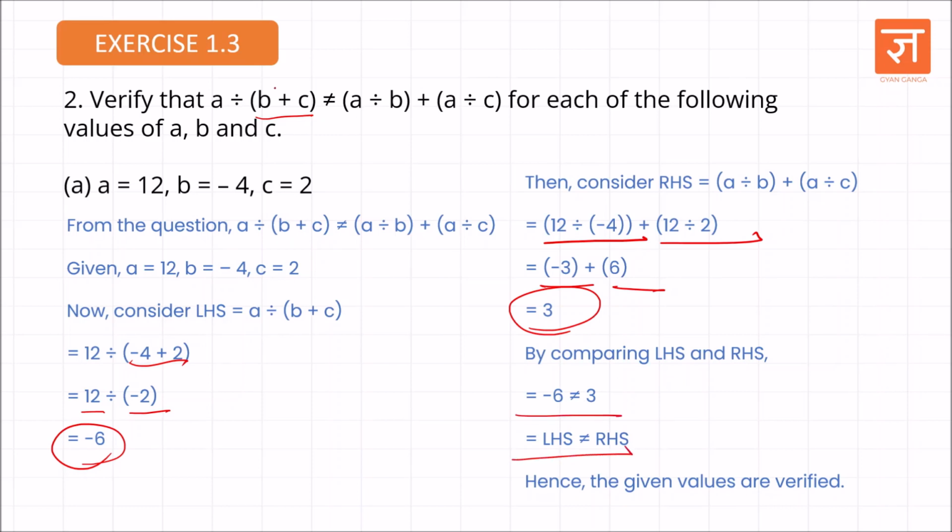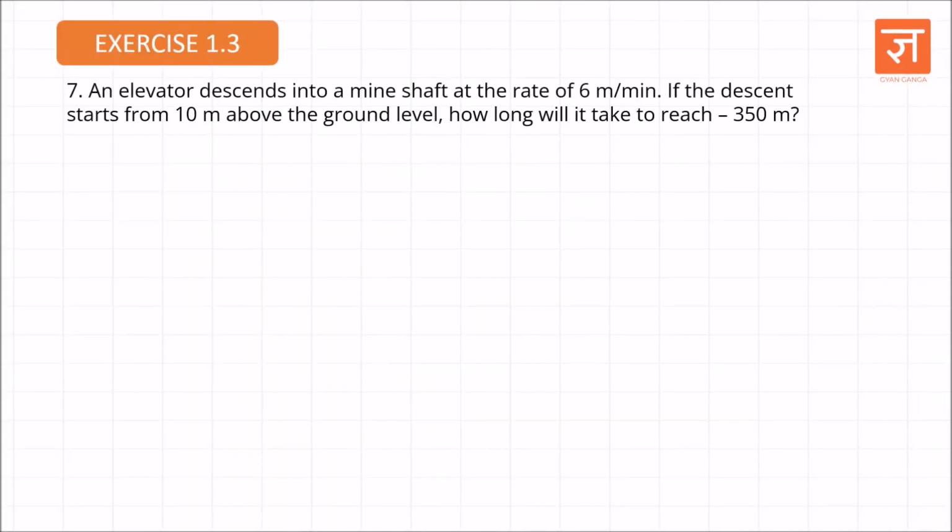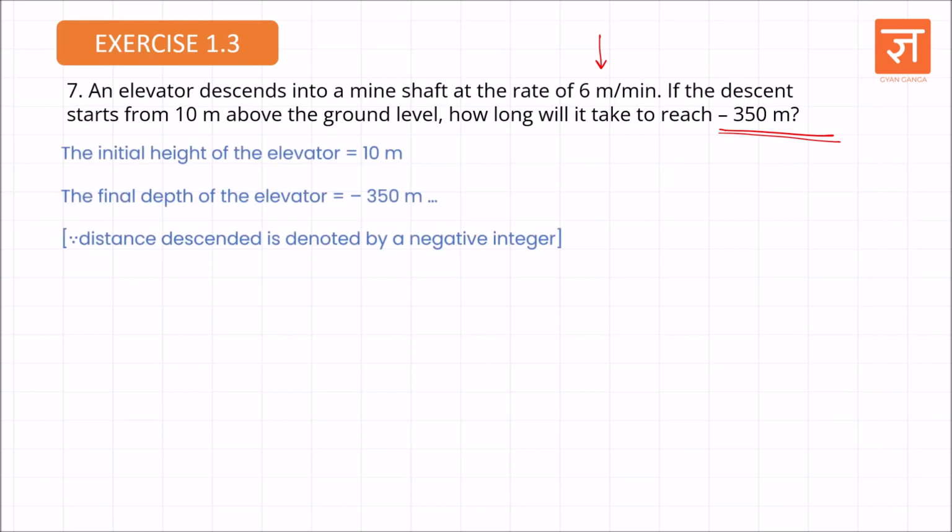Clear? Now we have a quick question. An elevator descends into a mine shaft. Descends means going down, at a rate of 6 meters per minute. If the descent starts from 10 meters above the ground, how long will it take to reach minus 350? We have the height 10 meters, final depth minus 350, and the rate is minus.